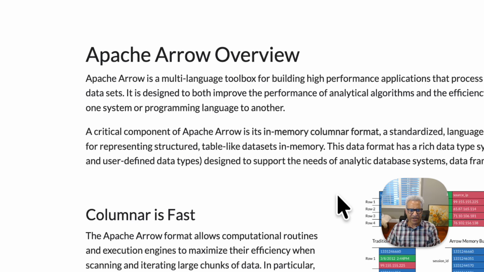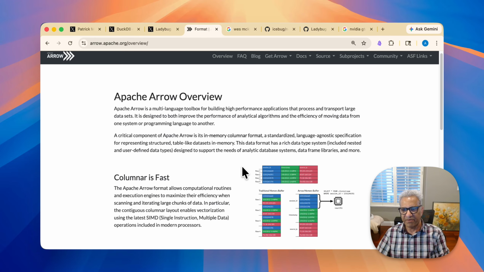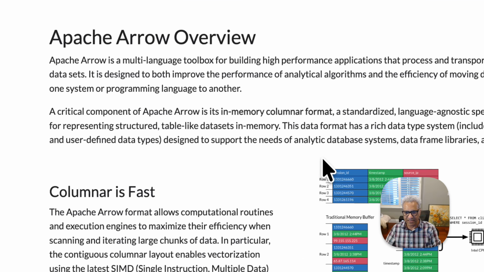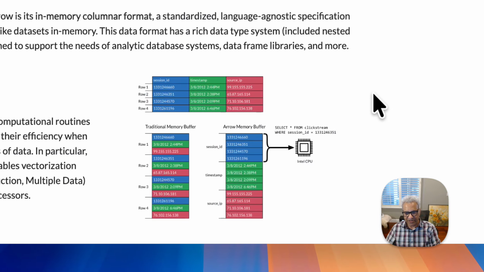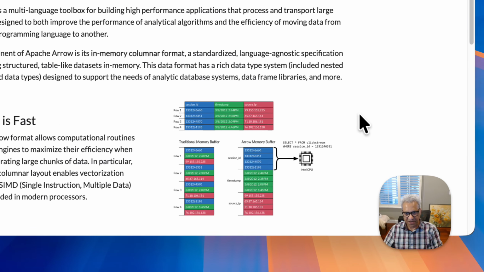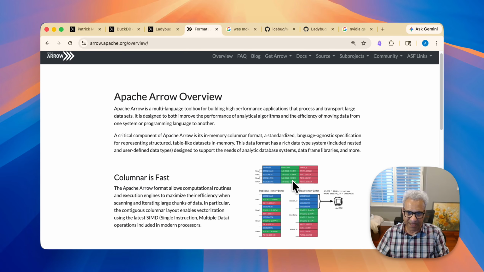So Apache Arrow is a columnar memory format. What does that mean? Columnar memory is laid out in columns as opposed to rows. As you can see in the area that I'm highlighting, the blue things are packed together, and they form one column. The green things form the next column.